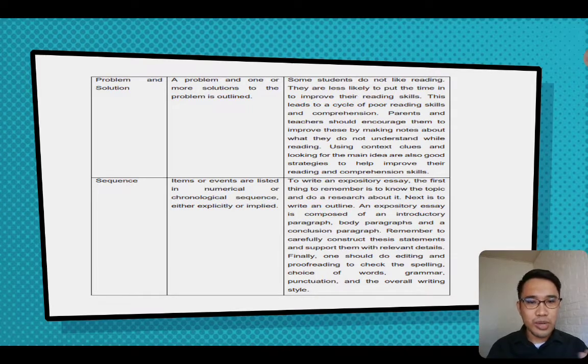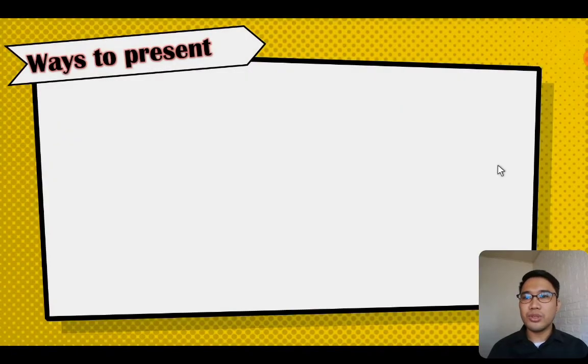One by one, it was mentioned step by step. You can see here some transition signals or transitional words that help in the sequence of ideas inside this expository text. Those are the different types of expository text structure.